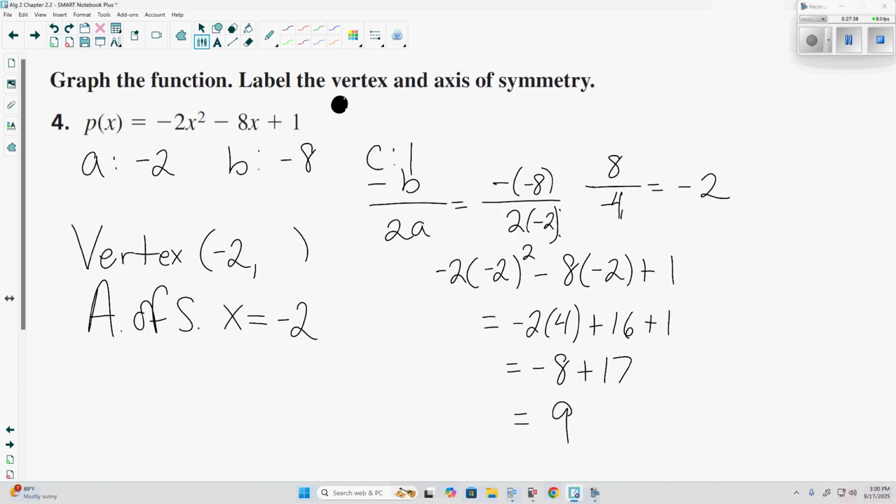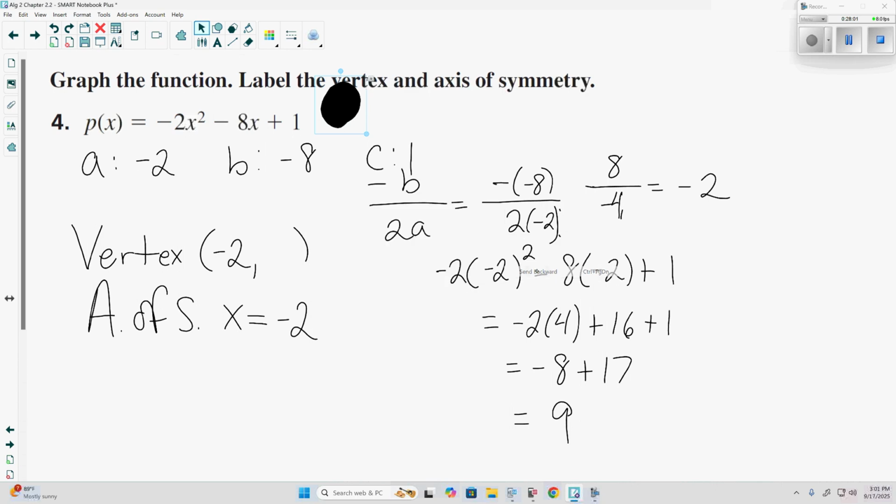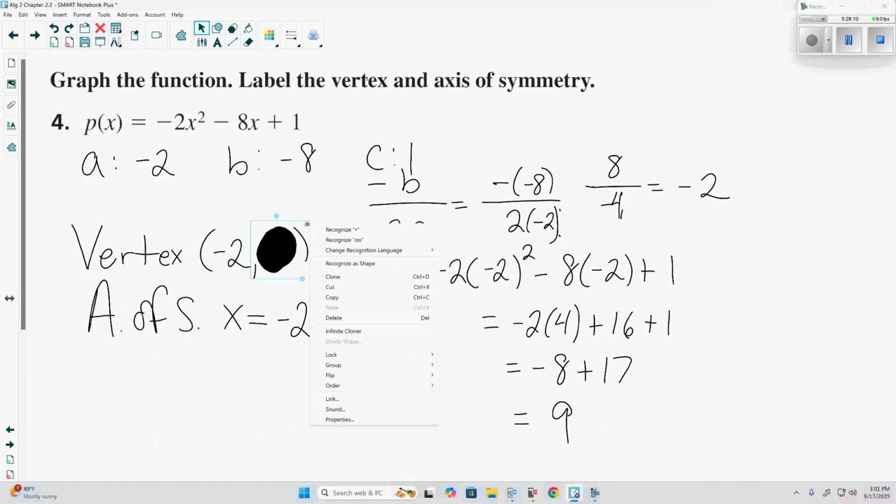And just because I know I paused the video. So the y value of the vertex is indeed 9.